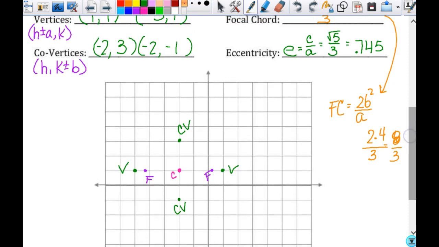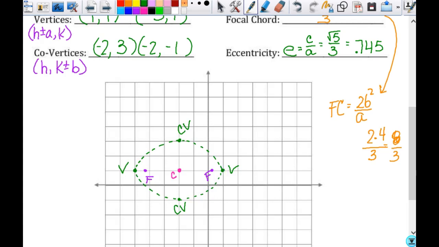So at this point, 8/3 is like 2 and what? 2/3, right? So I could go 1 and 1/3 this way and 1 and 1/3 this way and make another point. But at the same time, I don't have to, and I can just sketch it. It's like when you drew circles. You just do your best to make it look as elliptical as possible.